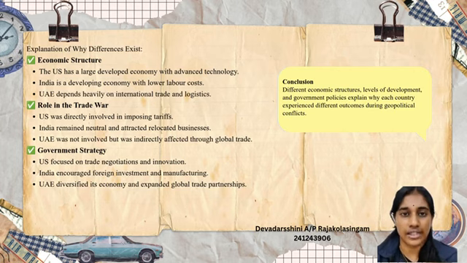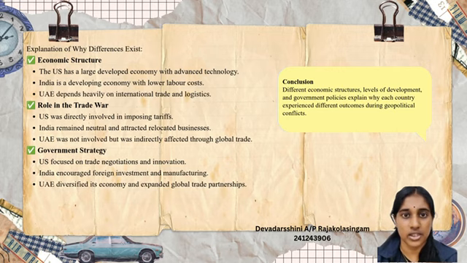The differences exist mainly because each country has a different economic structure and role in the global economy. The United States was directly involved in the trade war, so it experienced higher production costs and trade uncertainty. India benefited because many multinational companies shifted their production there, increasing foreign investment.